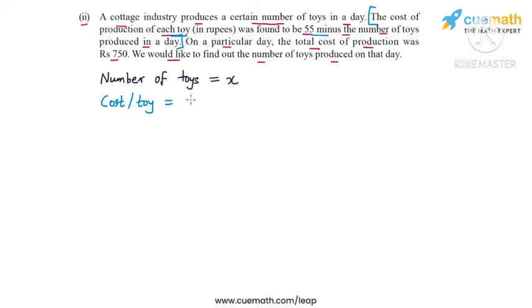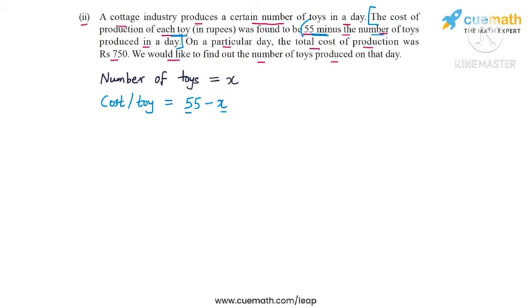So this will be equal to 55 minus x. So you have to be a little careful in writing this expression, because I have seen many students write this as x minus 55 instead of 55 minus x. The problem statement clearly says the cost is 55 minus the number of toys. So 55 comes first and then x comes.